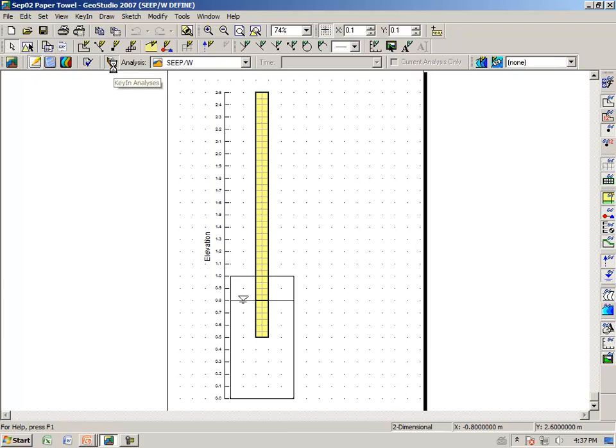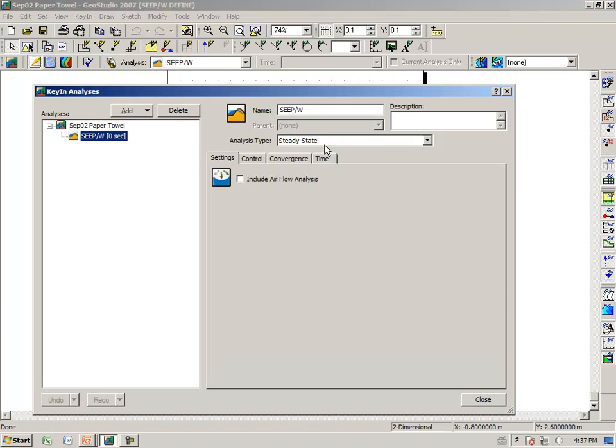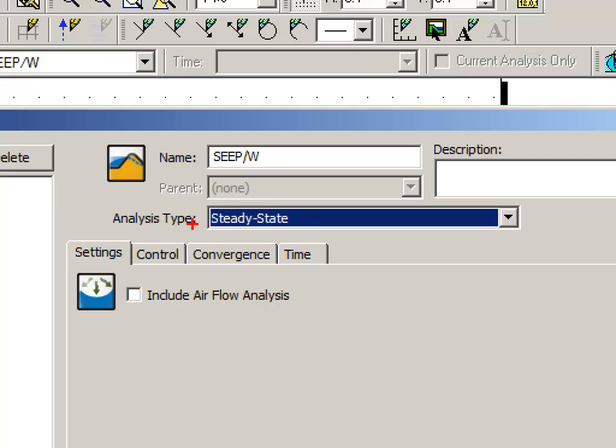So to begin with, under Key In Analysis, notice that we have selected steady state.